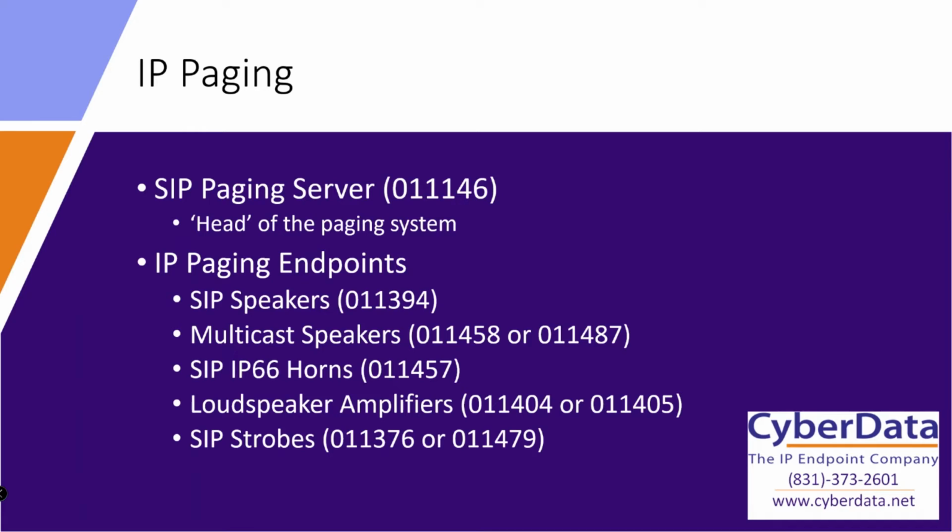The IP66 horns can be a little bit pricey, so those might be better for, say, a gymnasium or a cafeteria. Whereas if you're going to be putting something outside that can be exposed to the elements, maybe a loudspeaker amplifier would be a better option.